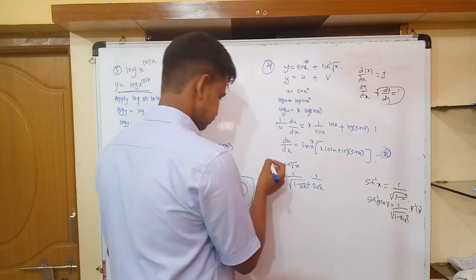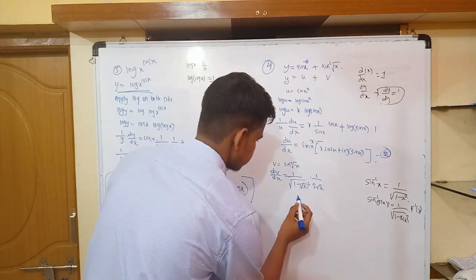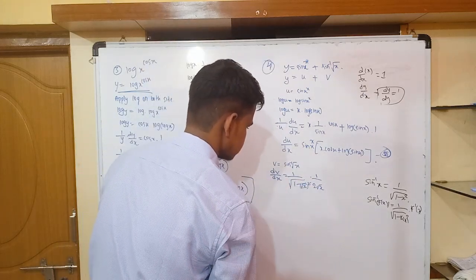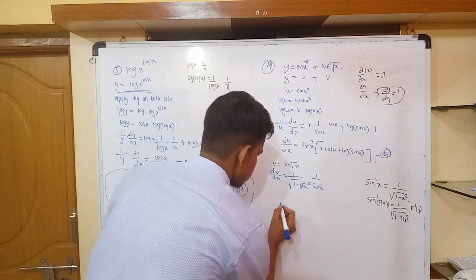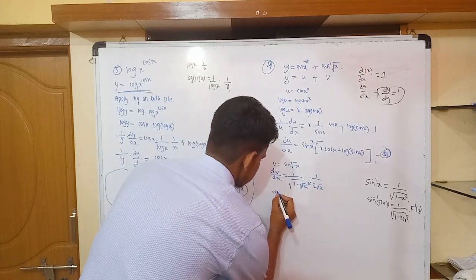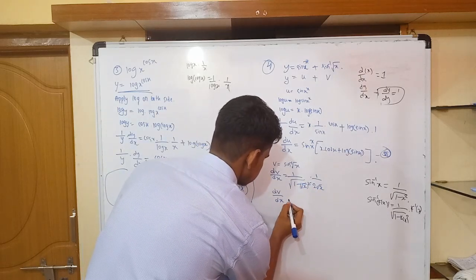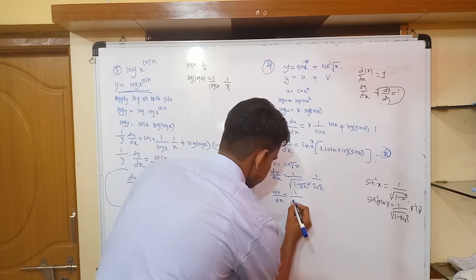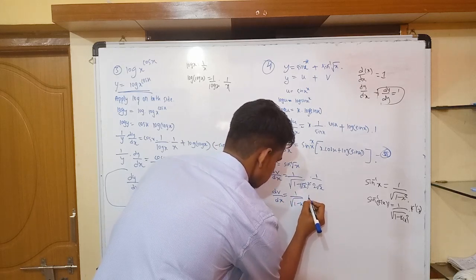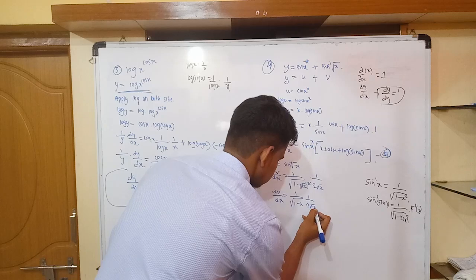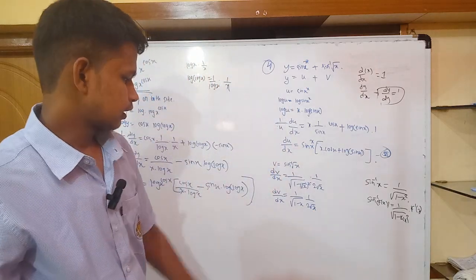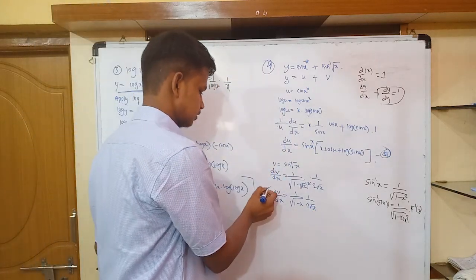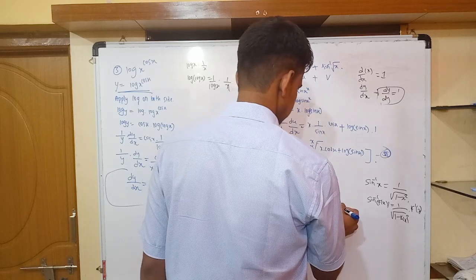Now the root and square get cancelled, and we have dv by dx equal to 1 divided by under root 1 minus x, into 1 divided by 2 root x. This is dv by dx, and that was the second one.